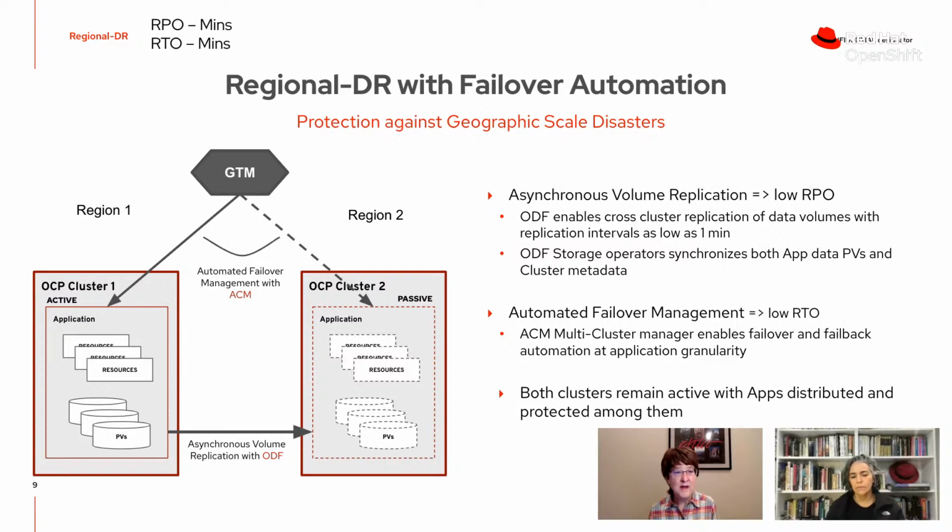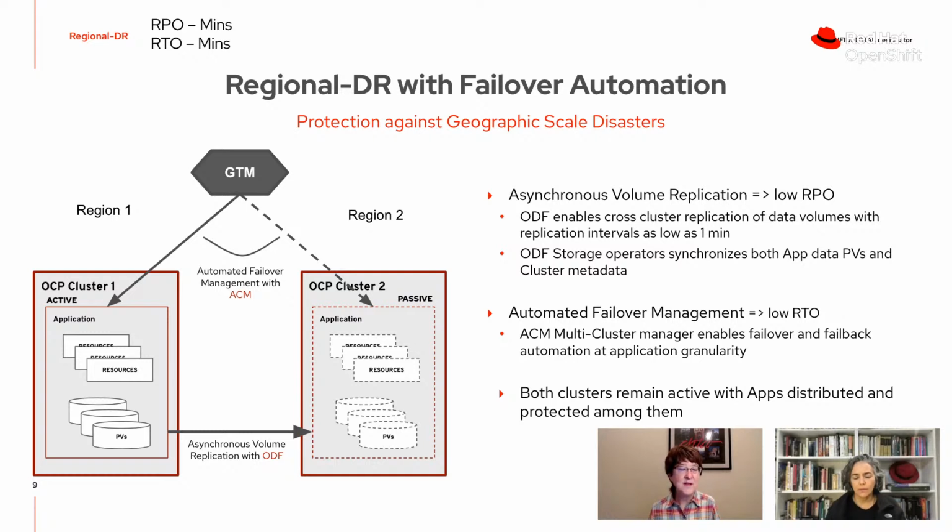So I could have on cluster 1 an application that is essentially passive and have it active on cluster 2. In that case, the asynchronous volume replication arrow would go in the opposite direction. Okay. So I don't know if that makes sense, Michelle, but there's not like an active cluster and a passive cluster.